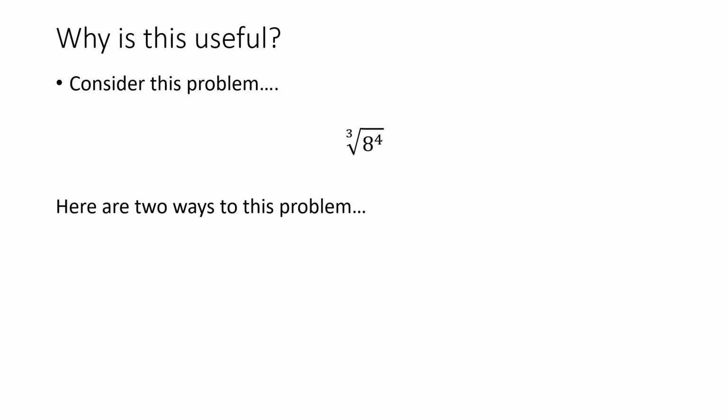If you're looking at it and you're like, oh, well, order of operations, okay. I'm going to work this out two different ways. So I've got the cube root of 8 to the 4th. Now, I don't know what 8 to the 4th power is off the top of my head. So I've got to go grab my calculator, and I'm going to do 8 to the 4th power, and that is going to tell me 4,096.